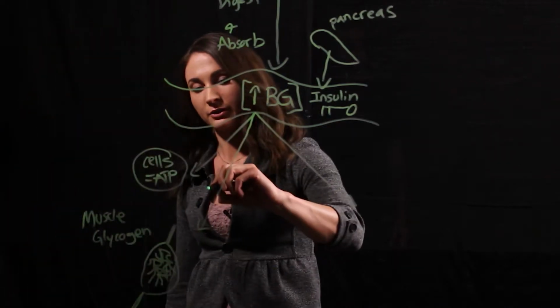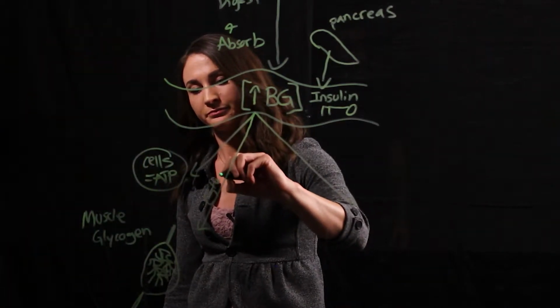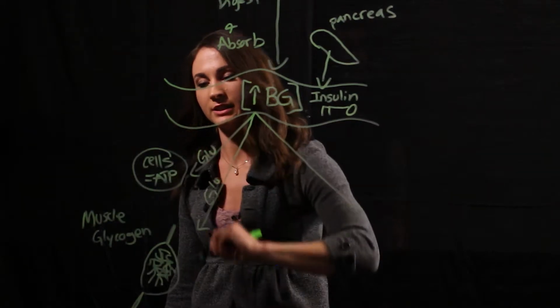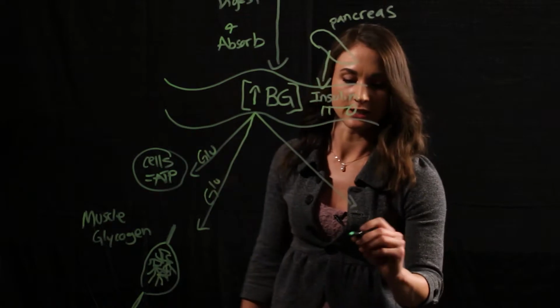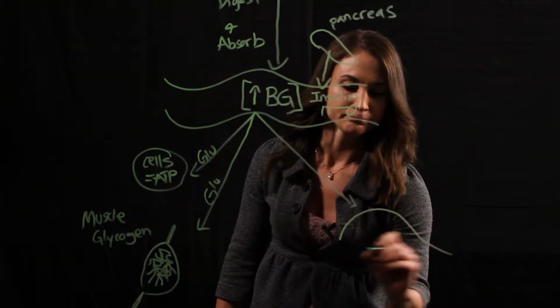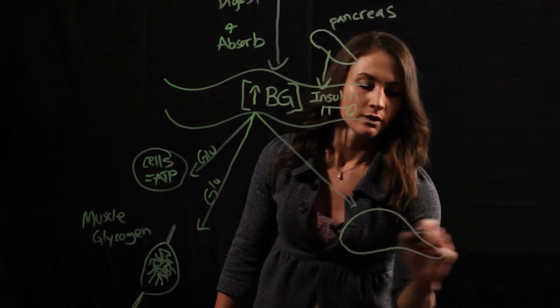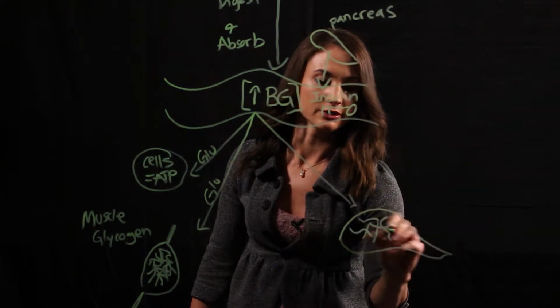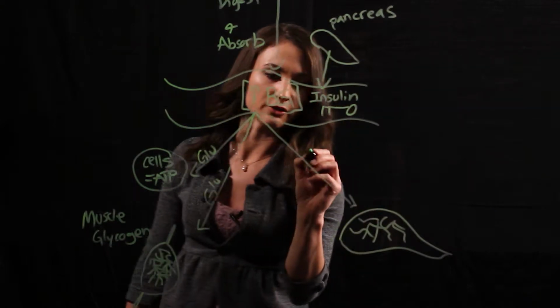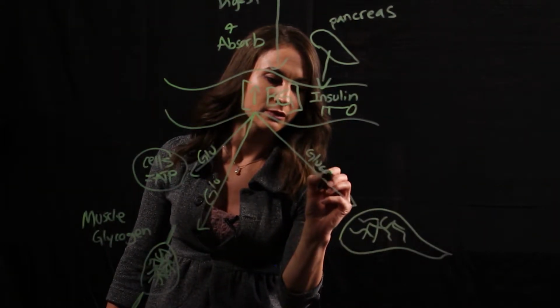So here we have glucose being sent into storage here, being sent for oxidation here, and then we have that other remaining site for glycogen, which is the liver. Okay, so in the liver, here's our glycogen, our large branch chain of glucose molecules, and we're going to be sending some more glucose to add on to that structure.